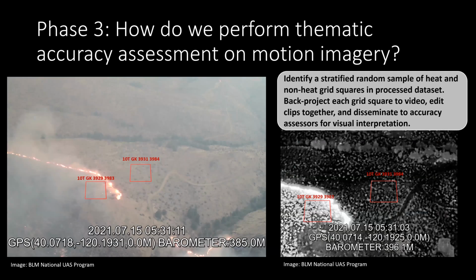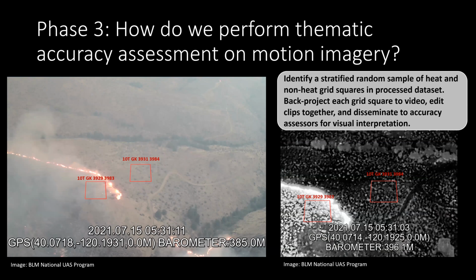Performing thematic accuracy assessment on motion imagery is not quite as straightforward because there's no way to use reference data for it, since we're trying to look at something that's fleeting. The presence or absence of fire is not going to be easily discerned in high resolution, high accuracy reference imagery, because it was probably collected at a time when that chunk of ground wasn't on fire.